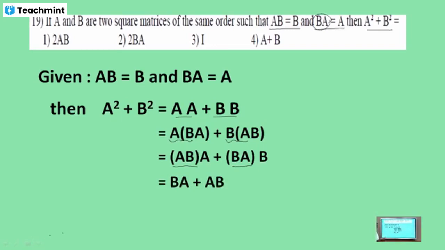What is BA? You know that BA is given as A. AB is given as B. So according to the property, it is A plus B, which is the fourth option. And the solution is the fourth option.